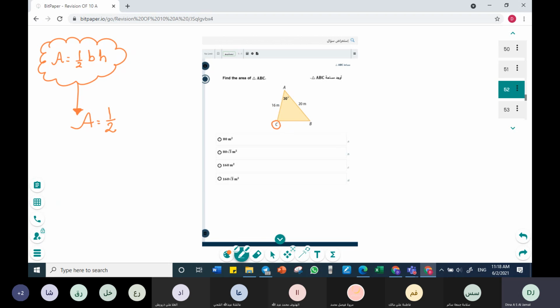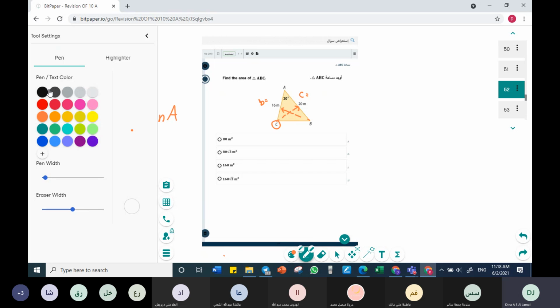This side is C, and the corresponding side is B. That means half B C, we will multiply the sides by each other, sine the given angle between them.